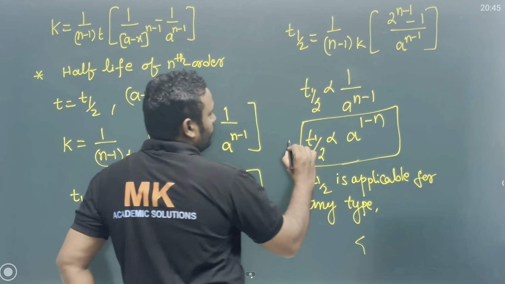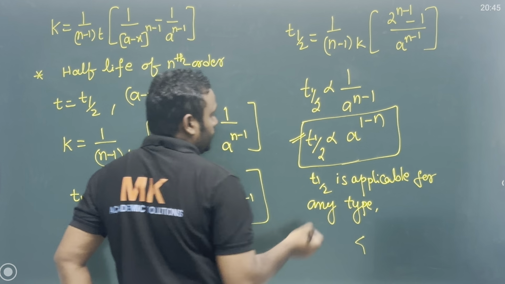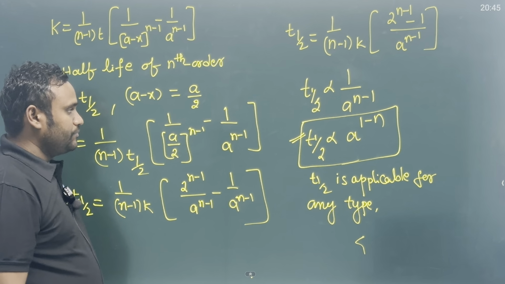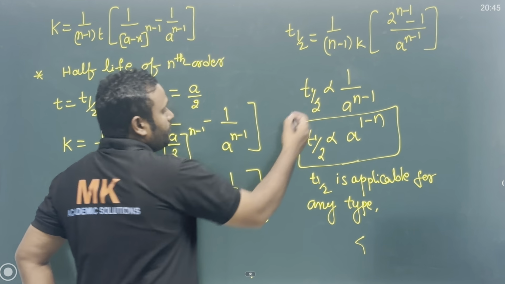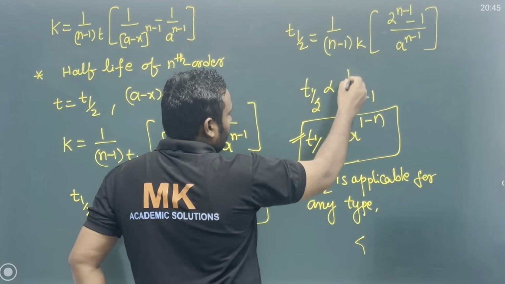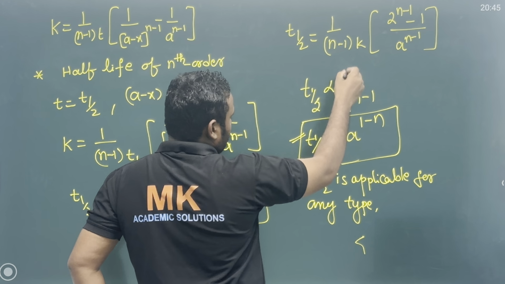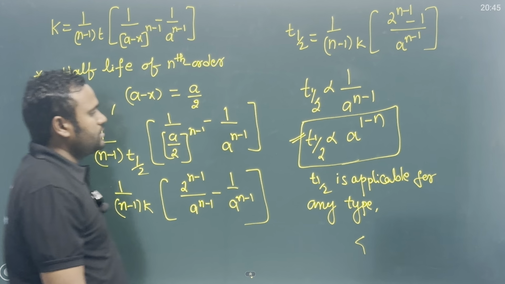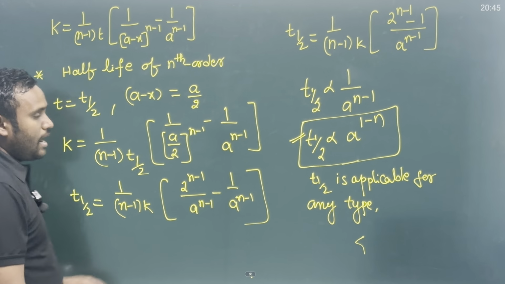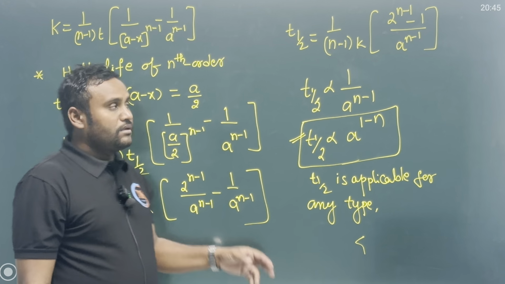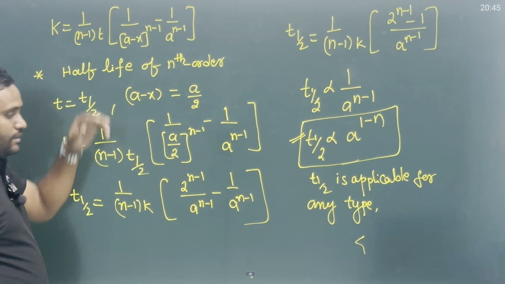What is the t half? t half is directly proportional to a to the power 1 minus n, or t half is proportional to 1 by a power n minus 1. This is about what? Half life of nth order reaction and rate constant for the nth order reaction.